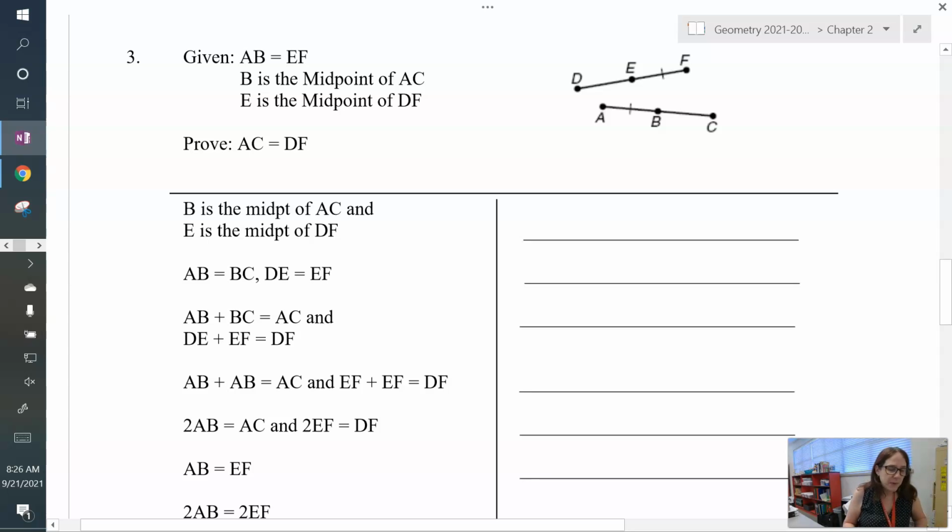And then it says B is the midpoint of AC, so immediately mark it as the midpoint. B is the midpoint, so then BC would be congruent with AB. So make sure you mark them the same. And then we have E as the midpoint of DF. Well, EF is already marked with one tick, so mark DE with that same one tick. So mark your picture.